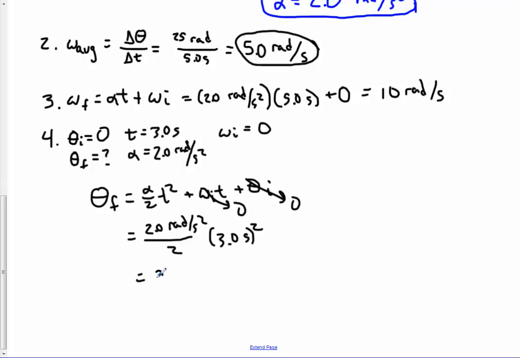That looks like 9 radians. 9 radians. All right. So that gives you a flavor for constant acceleration problems, very much like the corresponding one-dimensional motion problems that we did way back in Chapter 2.